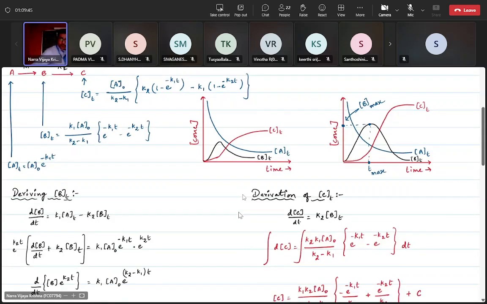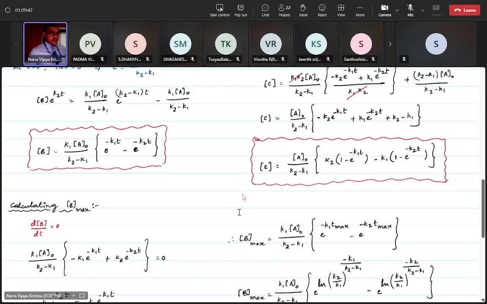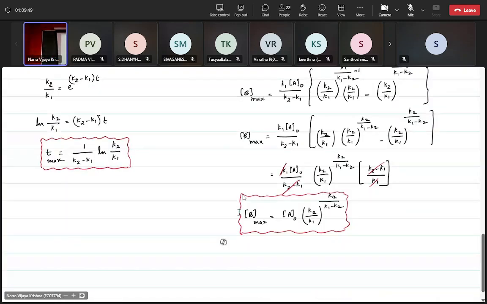Now, once you open your target booklet, in page number 13, we have parallel reactions, right? Then we need to discuss something from page number 16, right?